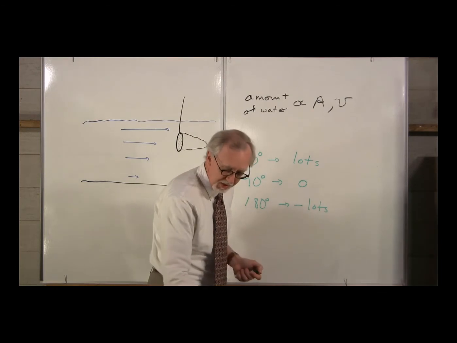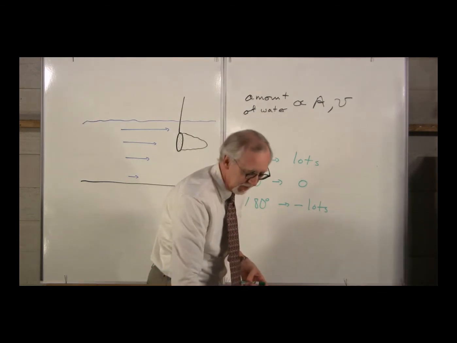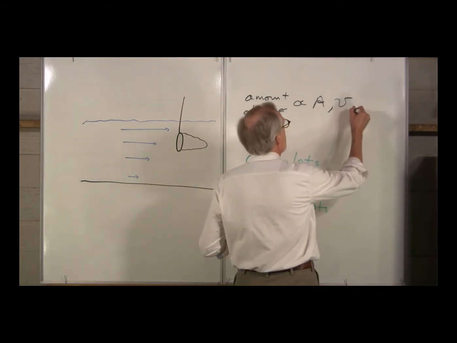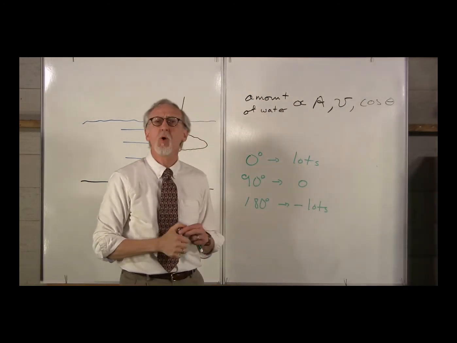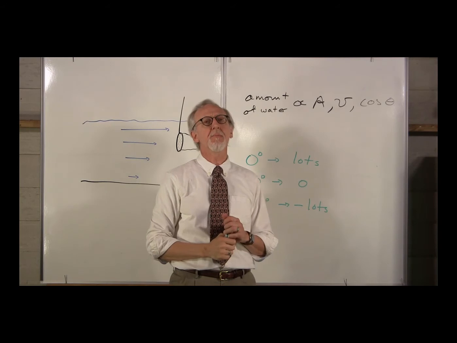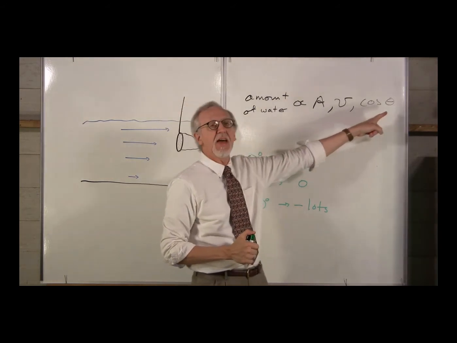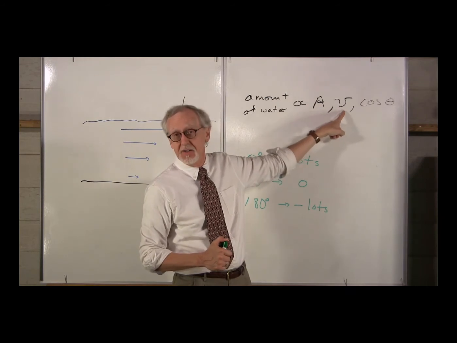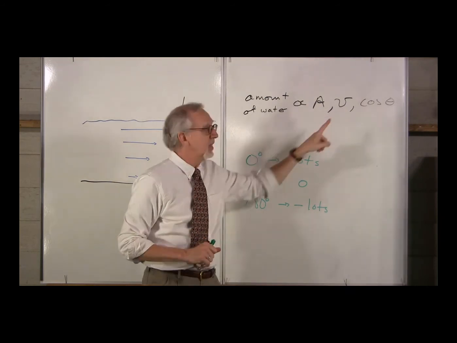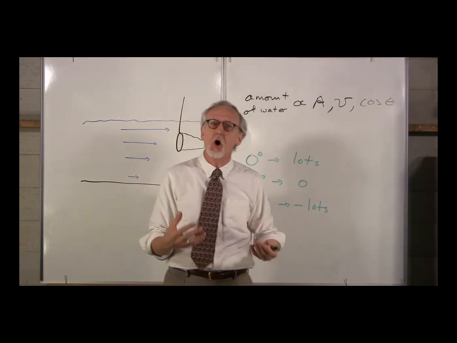So we will then write that this depends on the cosine of theta, where we've got to keep in mind, what does theta mean? Theta is the angle between the area vector and the velocity vector. Excellent. Well, as it turns out, that's all it depends on.